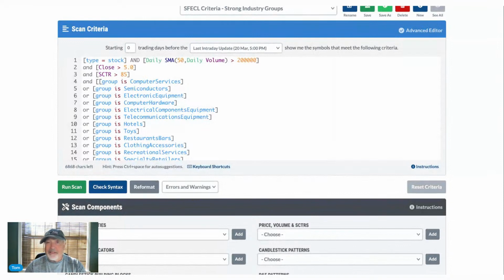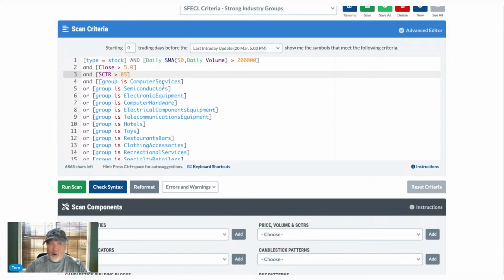And so we want the best of the best. The scores go from 0.1 to 99.9. We won't consider a stock on the strong future earnings chart list unless, in this scan, the SCTR is above 85. Sometimes I'll use 80. I might have used 75 in the past couple of times, but usually it's 80 or 85.